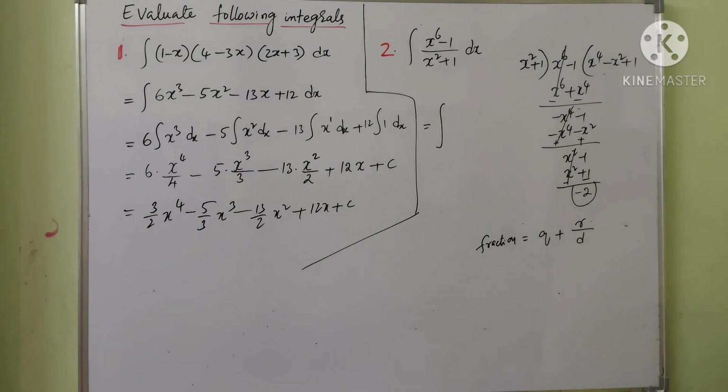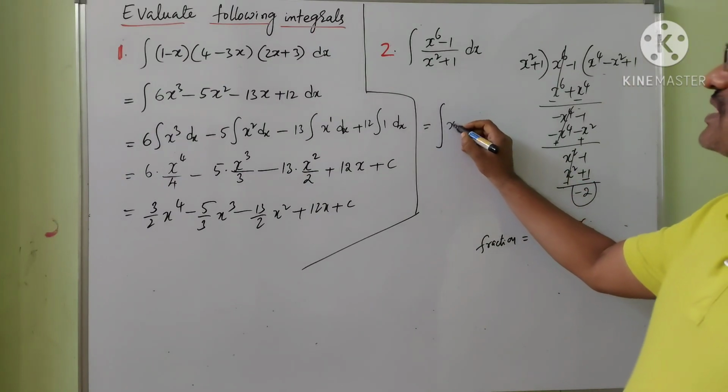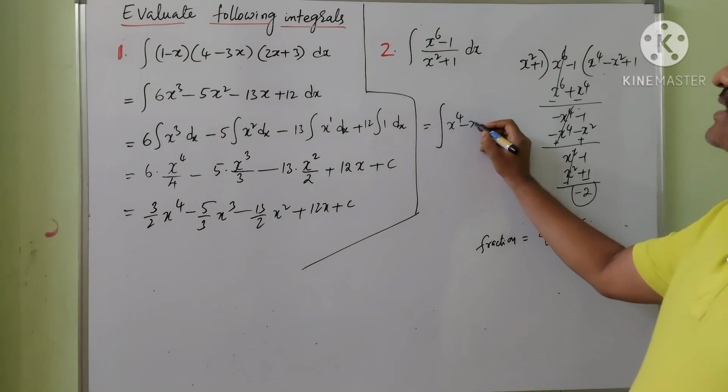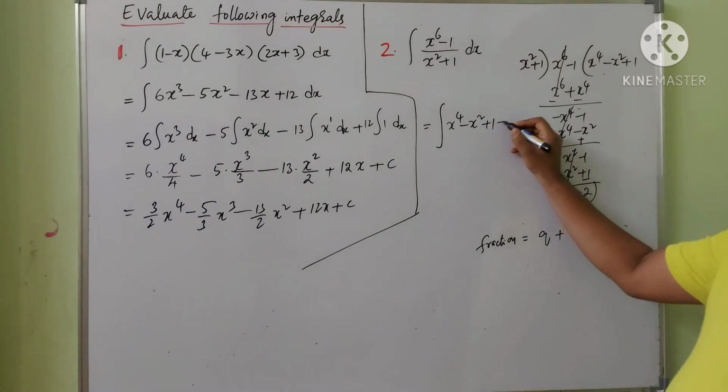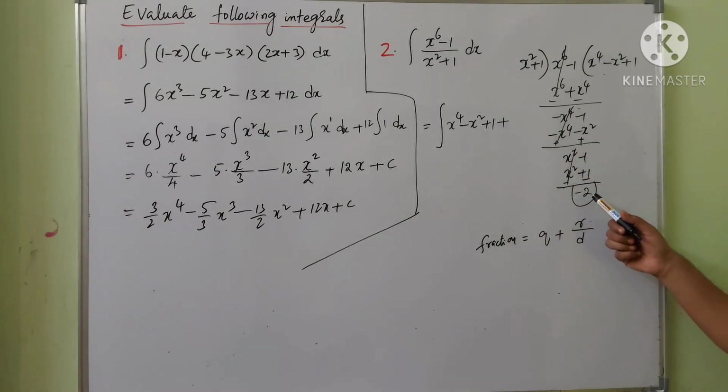If you simplify, you will get the fraction only. Now what is the quotient here? x power 4 minus x square plus 1. This is the quotient, plus the remainder. The remainder is minus 2.